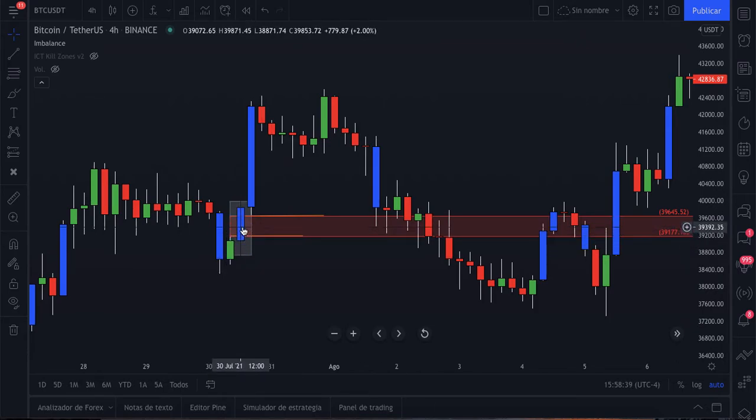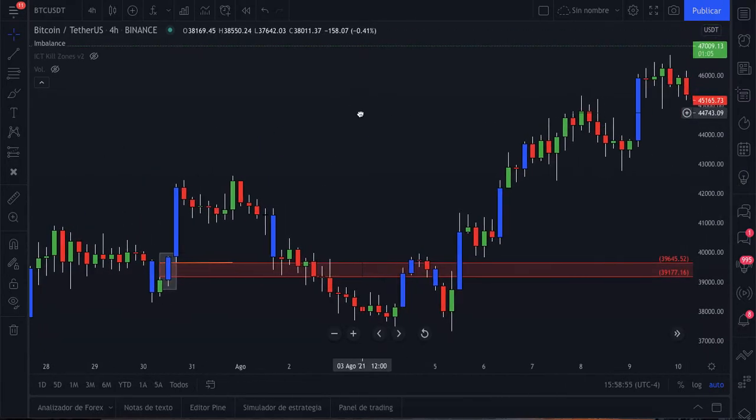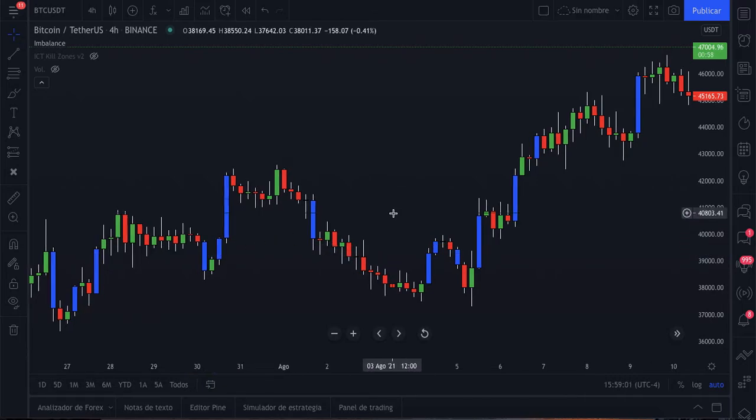There are a lot of buyers, few sellers, and sellers are taking profit on this level, so they are getting out of the market and price goes up. That's basically how you analyze the imbalance, and the indicator helps us a lot to identify that zone.